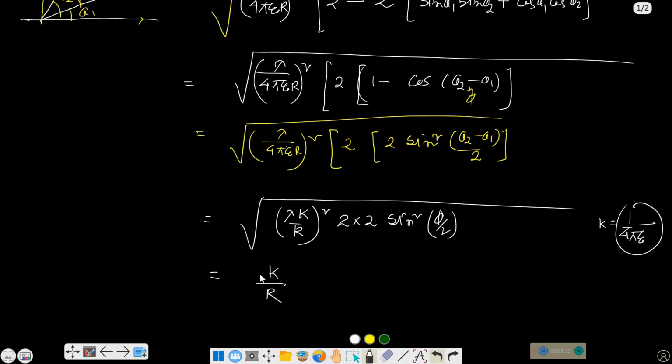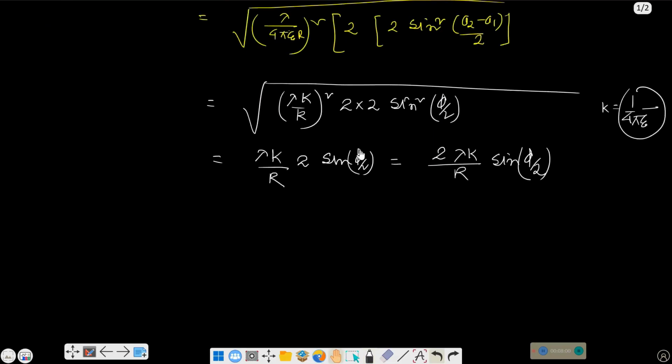So lambda k by r into 2, from the square root we will have the 2 and sine phi by 2. Okay, so electric field magnitude at the center of the arc is 2 lambda k by r into sine phi by 2, where phi is the angle subtended by the arc at its center.